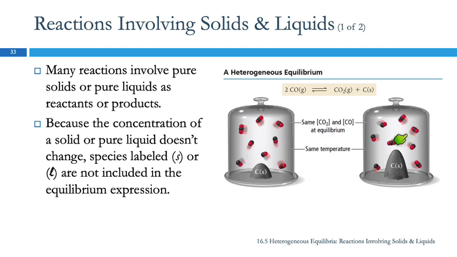So in this example, we've got carbon dioxide and carbon monoxide at equilibrium. And their concentrations are going to be the same at equilibrium here, whether there's a little bit of carbon or a big chunk of carbon. It does not affect the equilibrium, doesn't affect the concentrations of anything else. Okay? So we can just ignore those guys.